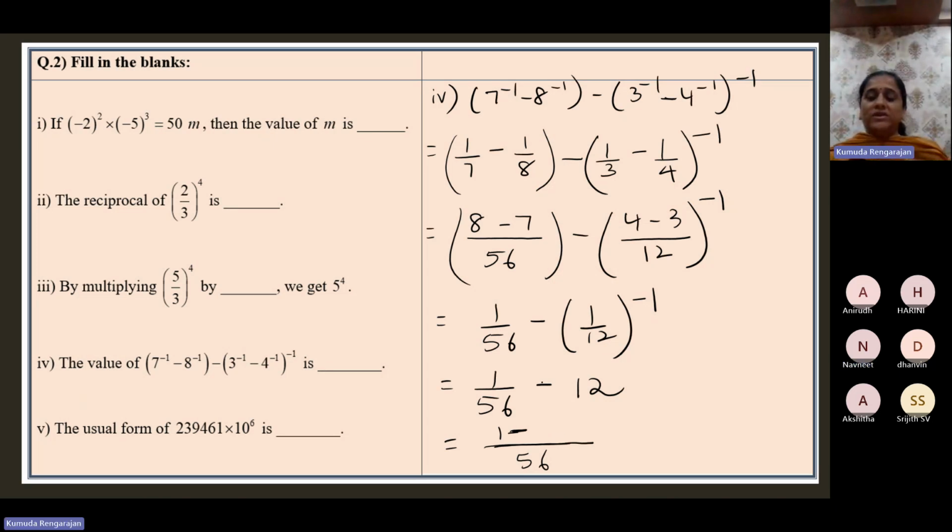No. When the connecting sign is minus, you cannot cancel. In 1/56 minus 12, you cannot cancel 12. You have to take the LCM.